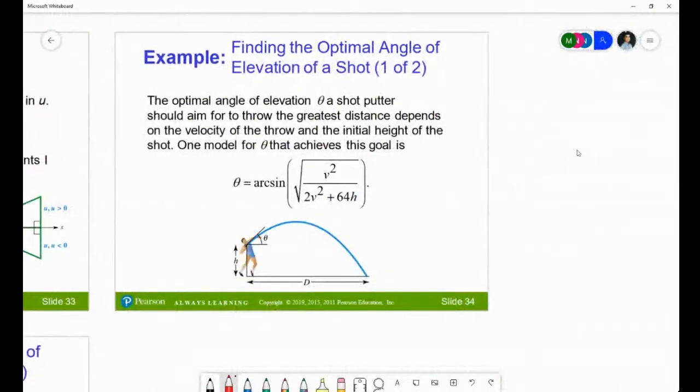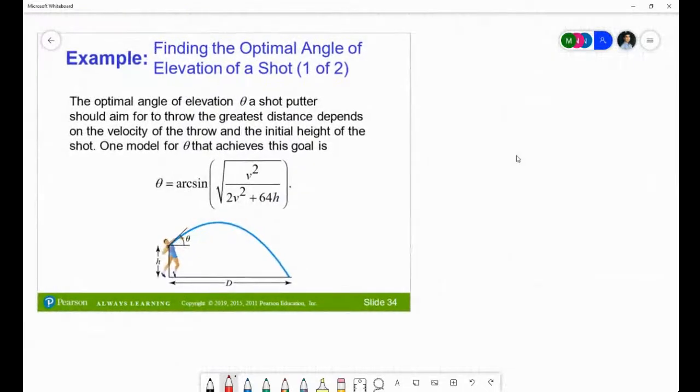Okay, cool. The optimal angle of elevation, theta, a shot putter should aim for to throw the greatest distance depends on the velocity of the throw and the initial height of the shot. One model for theta that achieves this goal is arc sine of the square root of v squared over 2v squared plus 64h, where h is the initial height and v is the velocity.